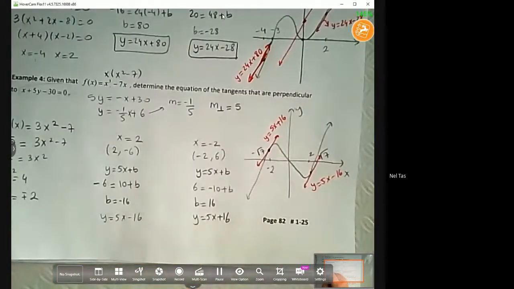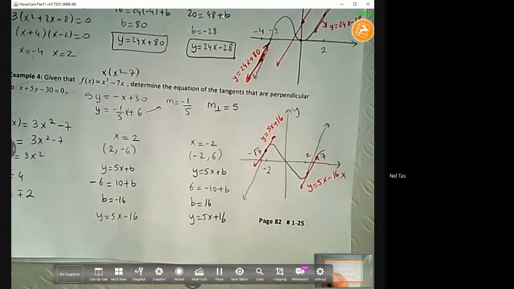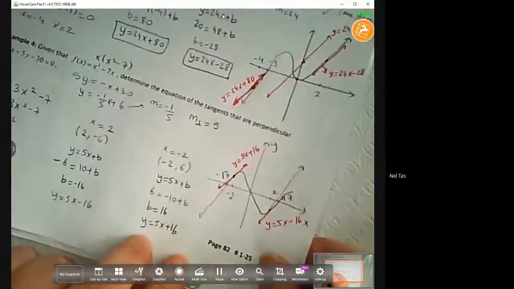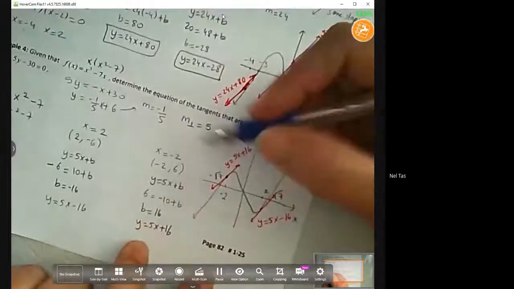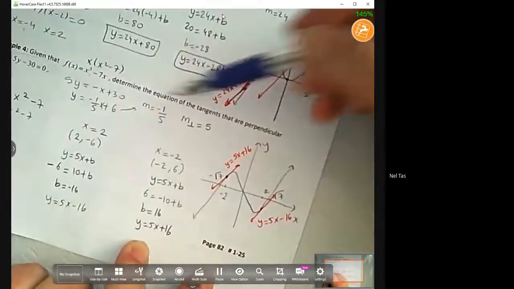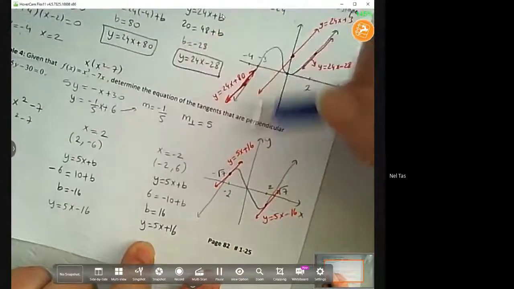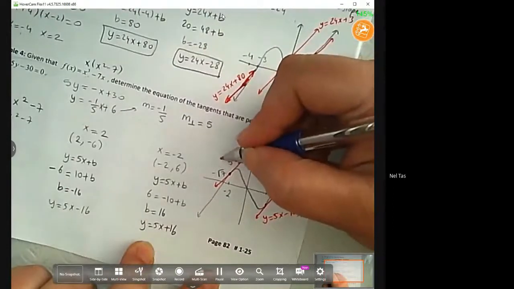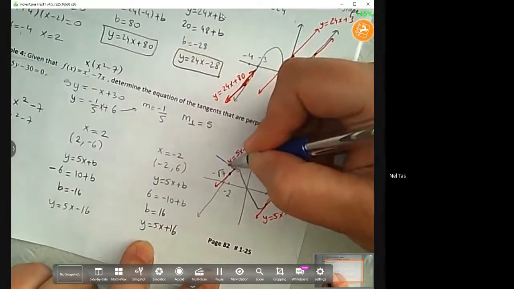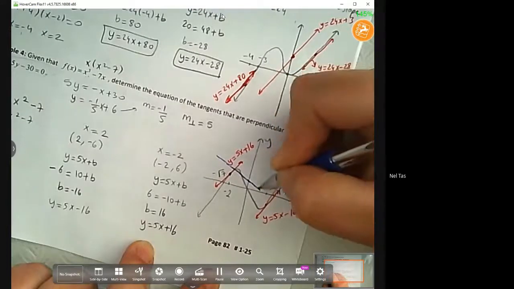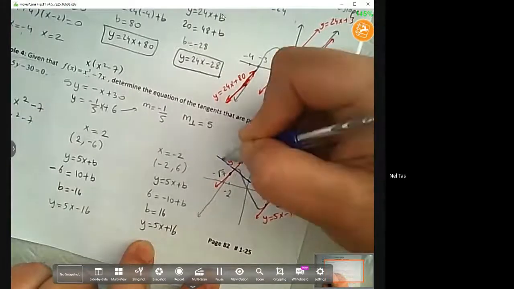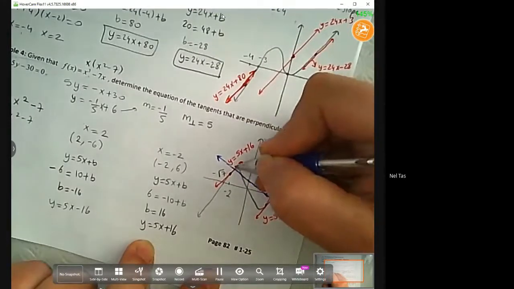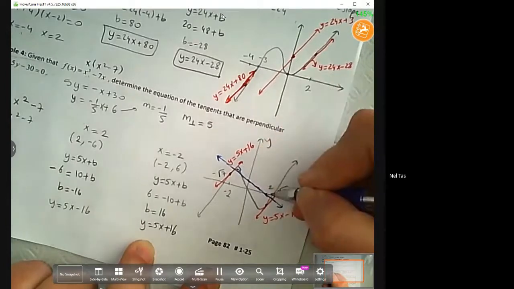And those 2 lines are perpendicular to what was the line? This one, negative 1 over 5x plus 6. Maybe something like this, okay? So as you see, these 2 tangents are perpendicular to that line.